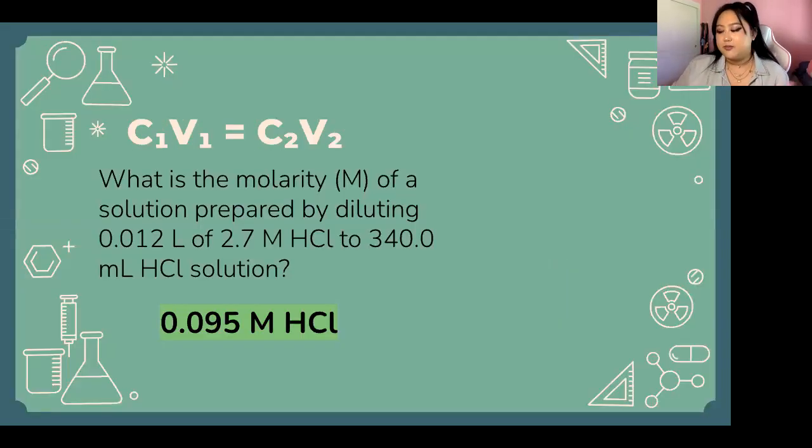That's why I told you about that powerful two-letter word, "of", and that indicates that they connect together. You can tell by the sentence structure that this is the C1V1 because it's asking what is the molarity of the solution prepared by diluting it. Diluting this one. So since we're diluting it, that would be this C1V1. Does that make sense?